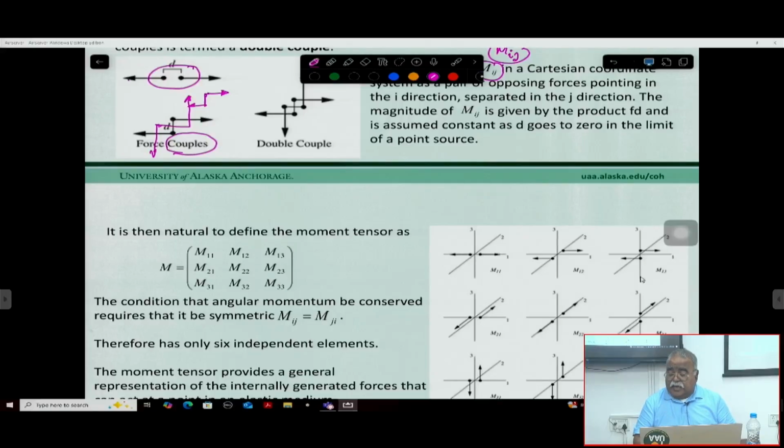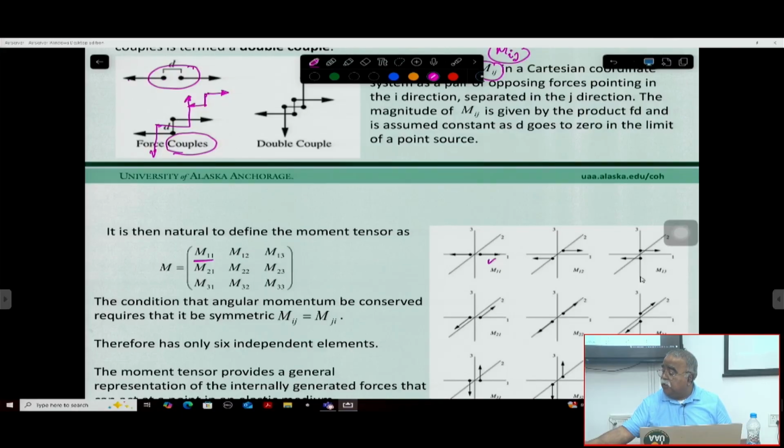Because this is your earth, I, J, K means X, Y, and Z, so there are three coordinate axes. So we'll have several types of forces, right? One type is called M11, which means the force is in this direction and there is no separation.